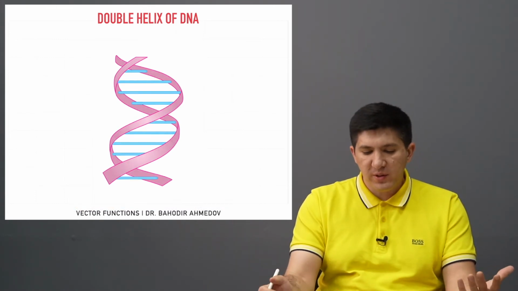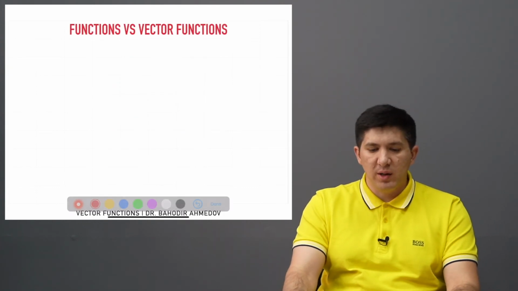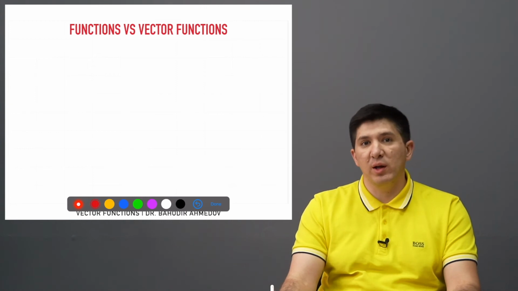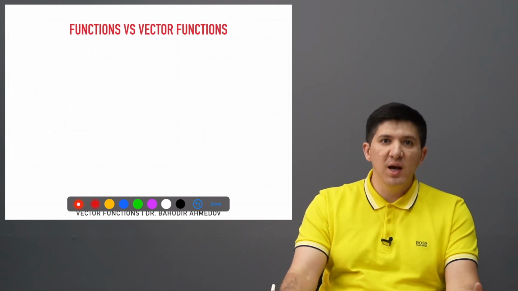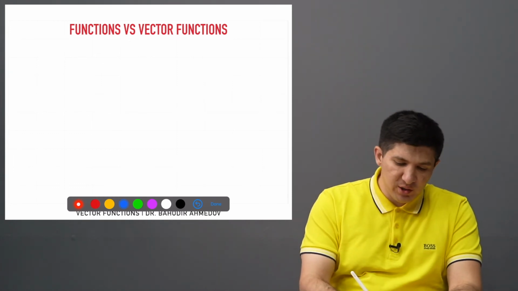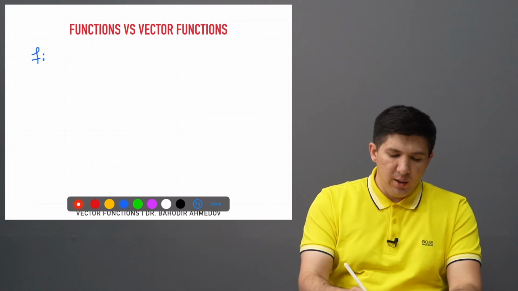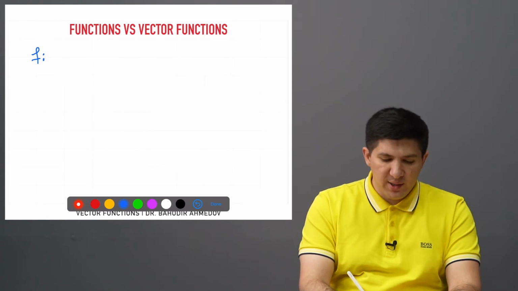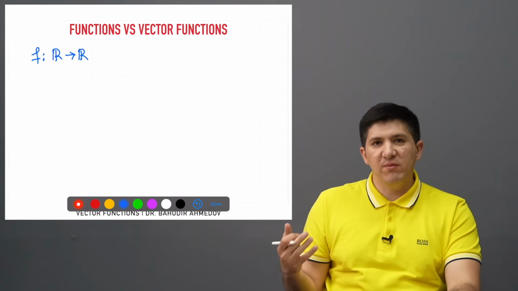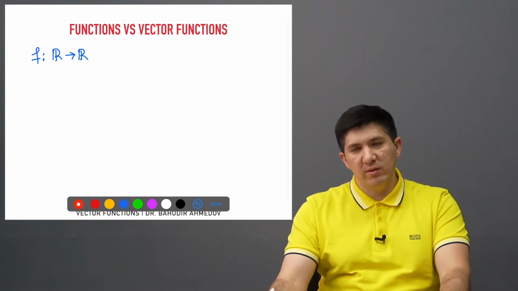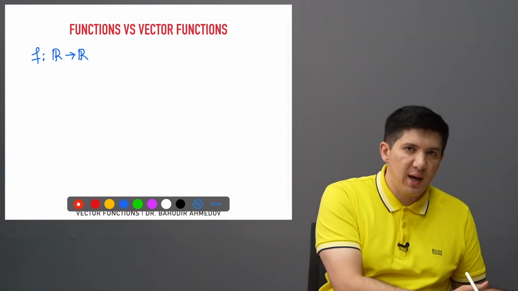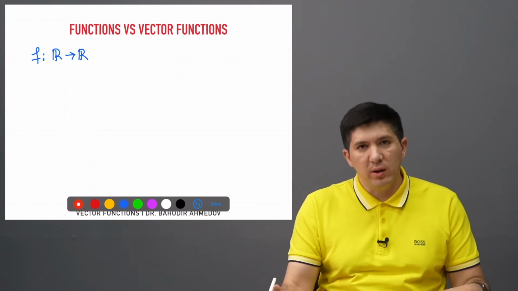So here we've seen a couple of examples of vector equations, and at this stage it would be important for us to understand the differences between functions and vector functions. If you remember, we define a function as a map which takes a value from the set of real numbers and brings you to another set of real numbers, right?